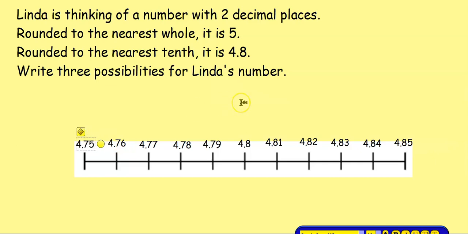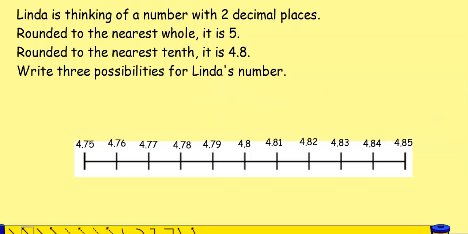So now we can start having a think of the numbers on our number line, which of them actually would round up to 4.8. So if we take a look and we start at 4.75, I'm just going to get an arrow so that we can draw that in. I'm just going to draw a green one there. We know that this point here is exactly between 4.7 and 4.8.